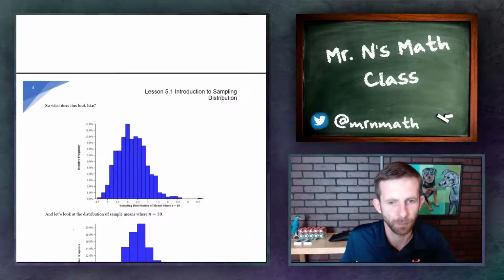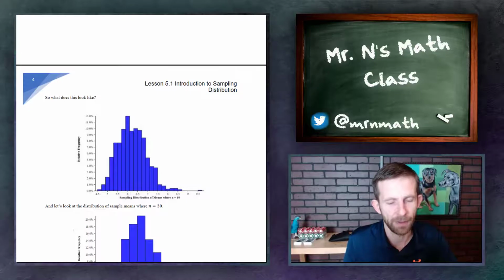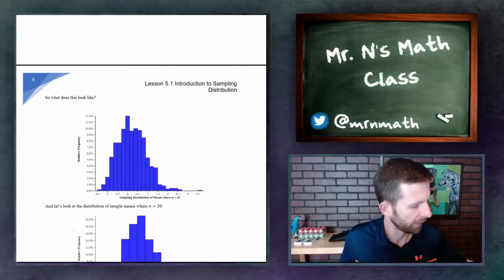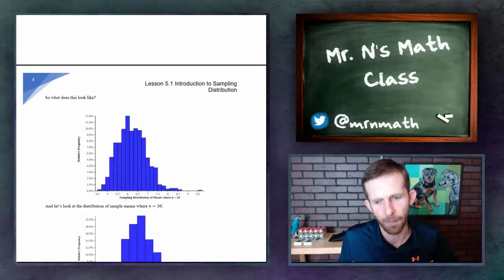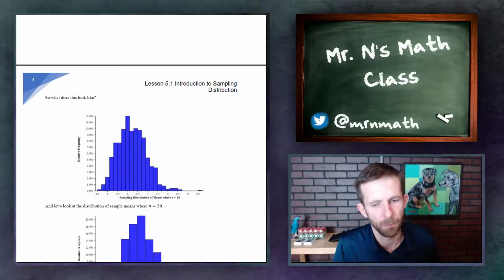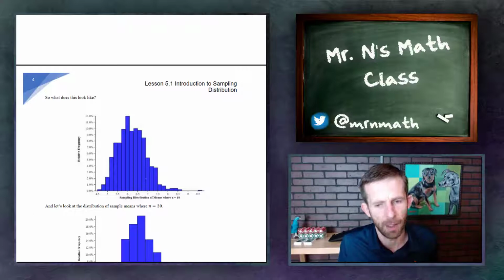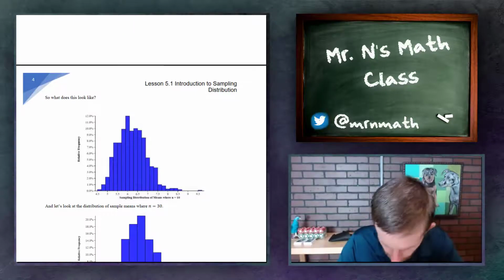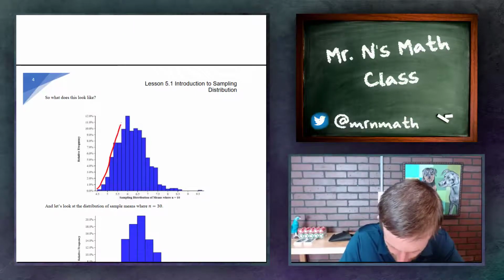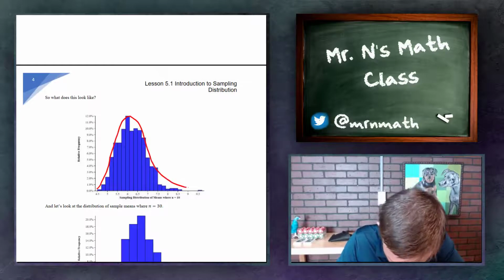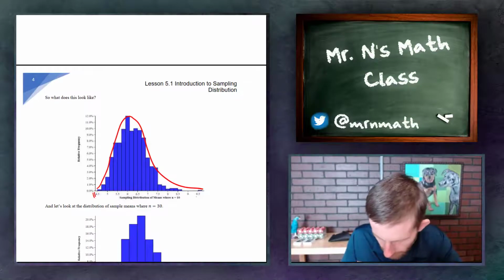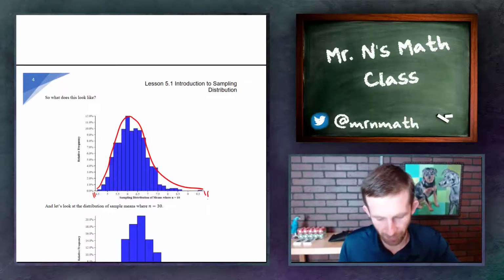Same idea. Here are 1,000 samples of size 10. Notice it has a slight right skew to it, and the range is a lot tighter than our population range.